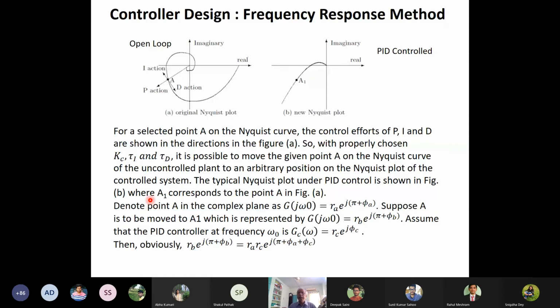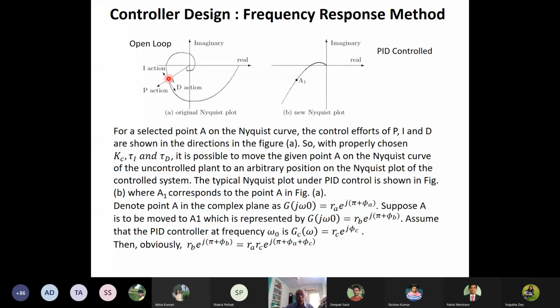The next method I can use is using the Nyquist plot. So if I take this open loop Nyquist plot over here, at this point, let's say point A, you can see the directions of the proportional action, integral action, and the derivative action.